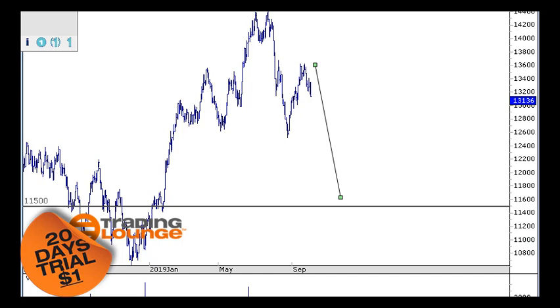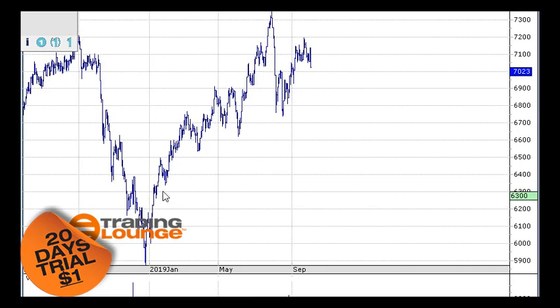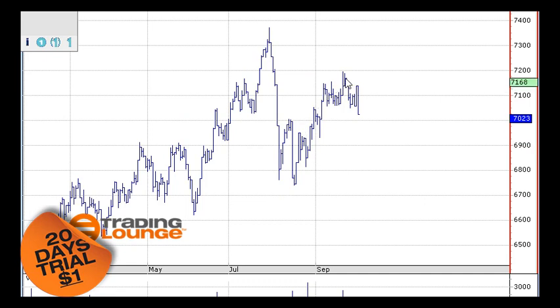The XMJ, this is the XMJ. Just have a look at the XMD here, the mid caps. They've rallied higher, a little bit like the ASX200, but not that high. So in this count, from the low here, we can look at this as an A wave, a B wave here, and then 1 and 2 and 3 and 4 and 5 here.